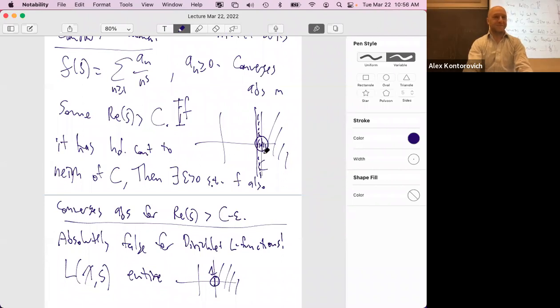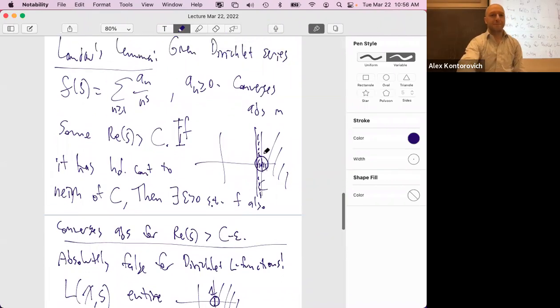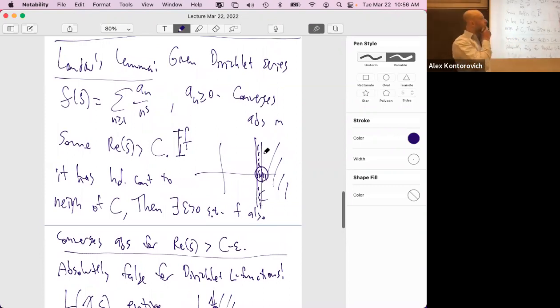I had a question about the earlier statement. If you assume this absolute convergence, that already gives you some analytic properties of f of s. Say if your a_n are bounded by a polynomial, then that will give you uniform convergence on compact sets, so this will be holomorphic on a half plane. Yes.